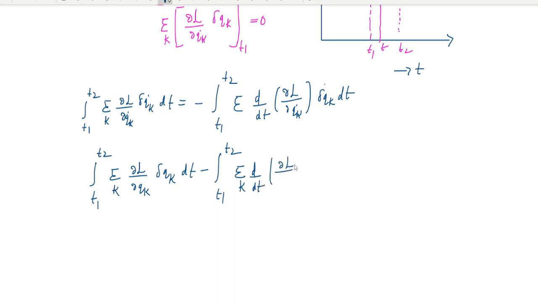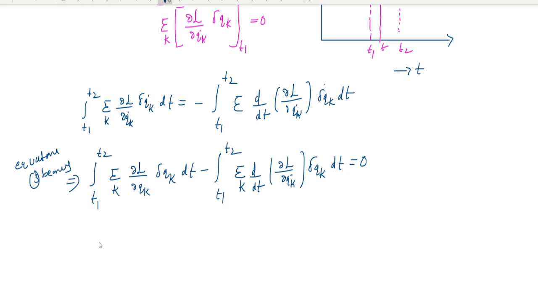I'm just rearranging what we get, the final equation, into dt equal to 0. Or else you can just write down directly from equation number 3. Equation 3 becomes like this directly, no need to write this step.